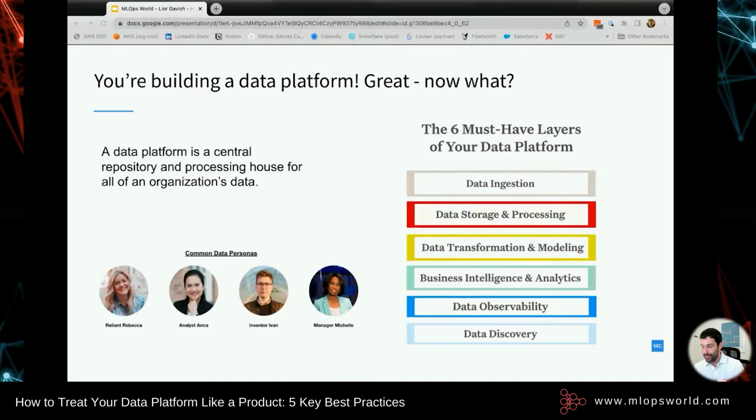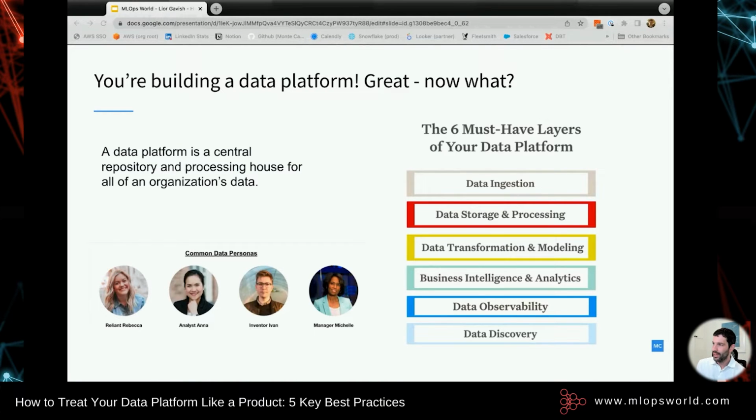Because when you process data and build data products, there are a lot of things that are common, no matter what the specific problem you're trying to solve is.